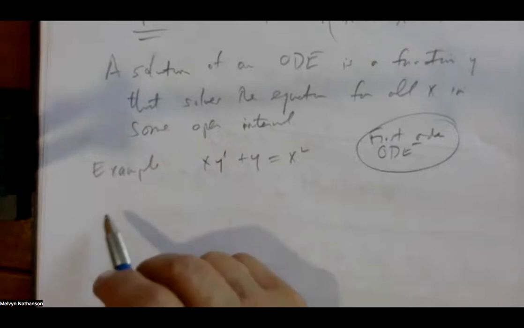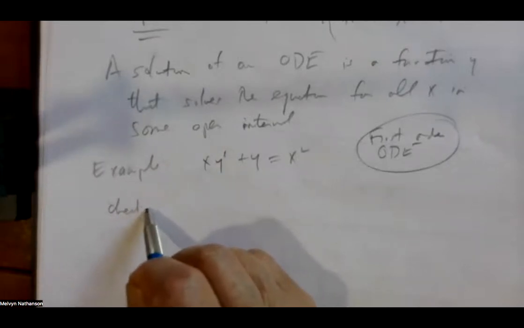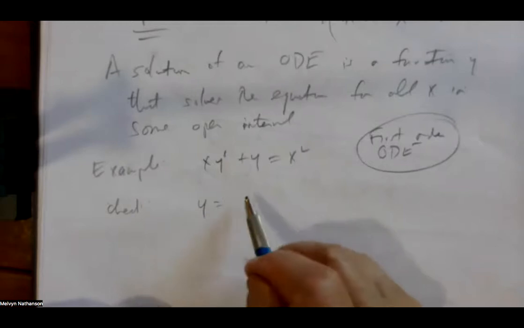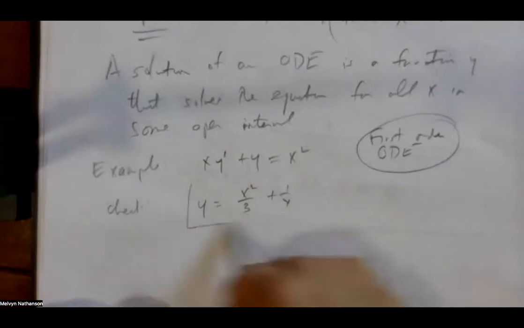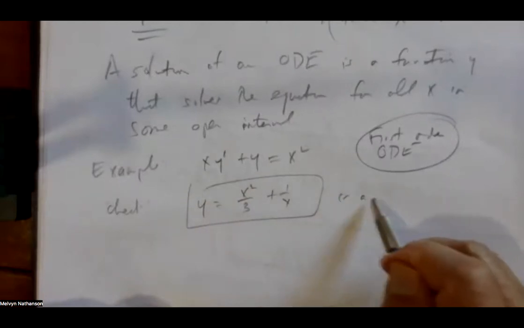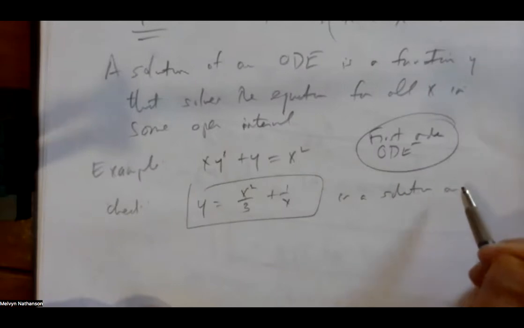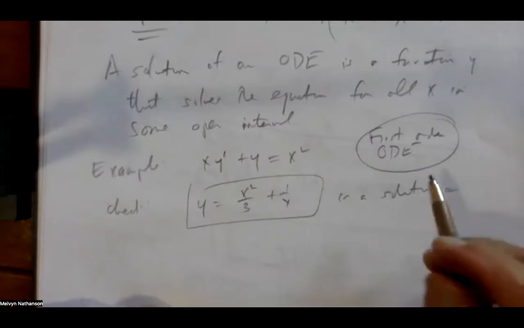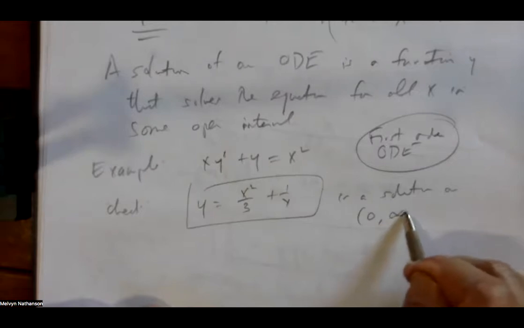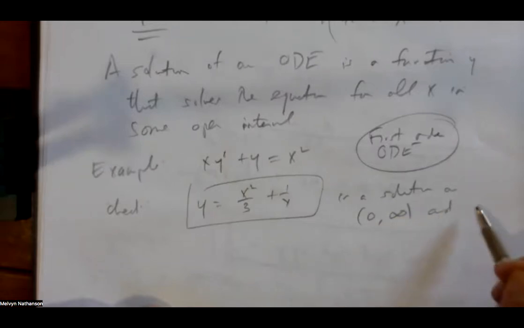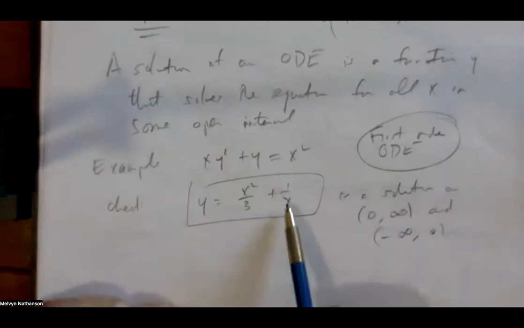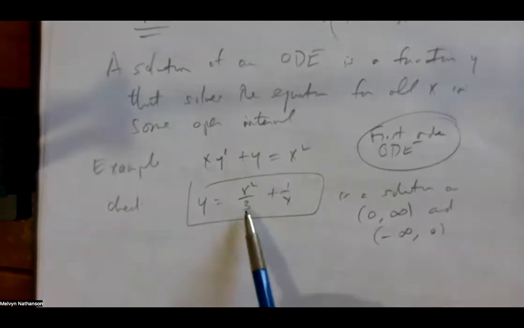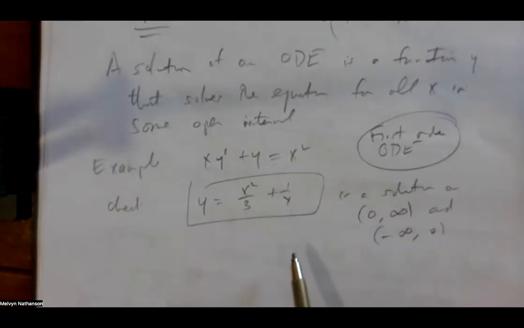And you can check that if you take the function y equals x squared over 3 plus 1 over x, this is a solution on the open interval from 0 to infinity, and also on the open interval from minus infinity to 0, right? Notice, since you're dividing by x, this function is not defined when x equals 0.